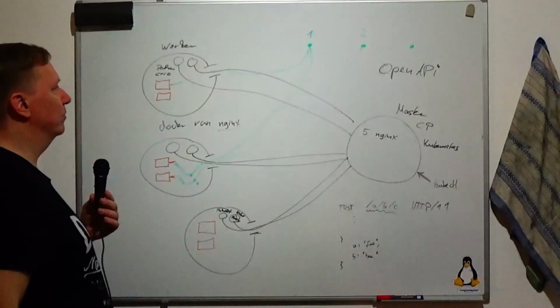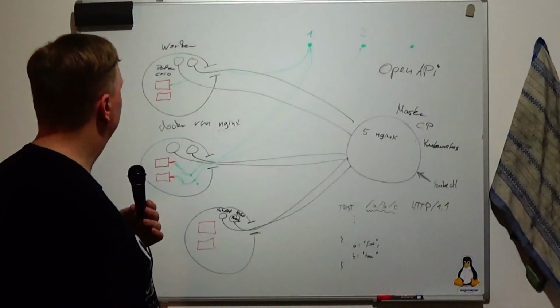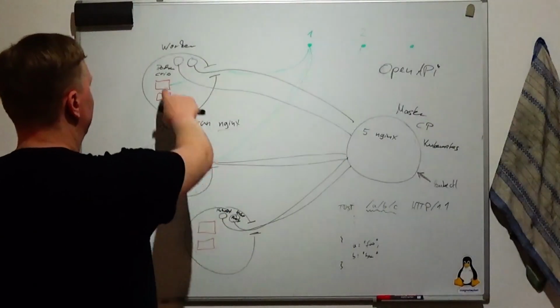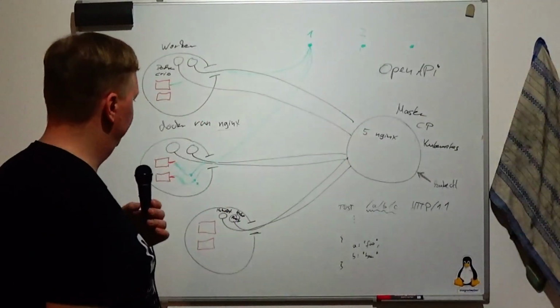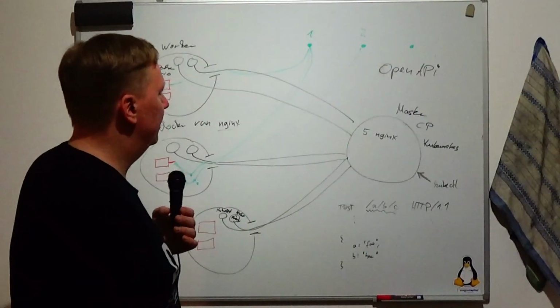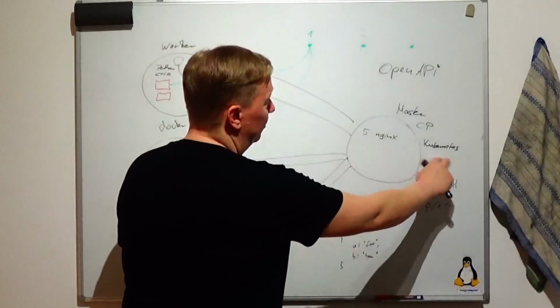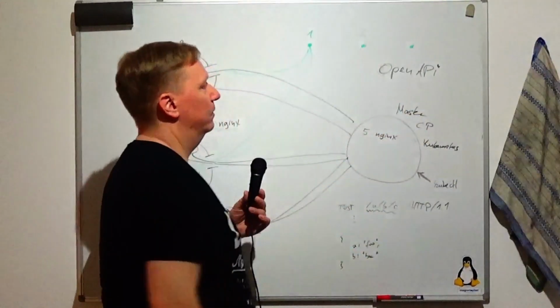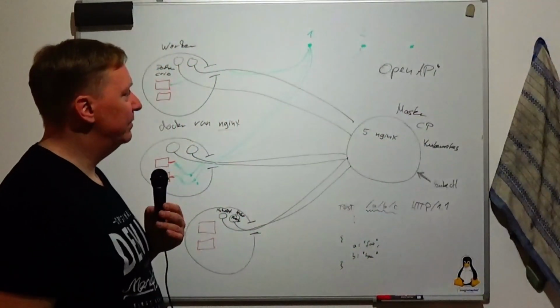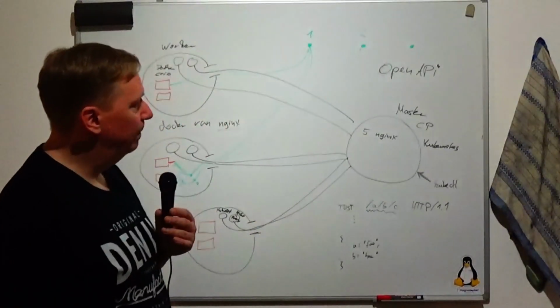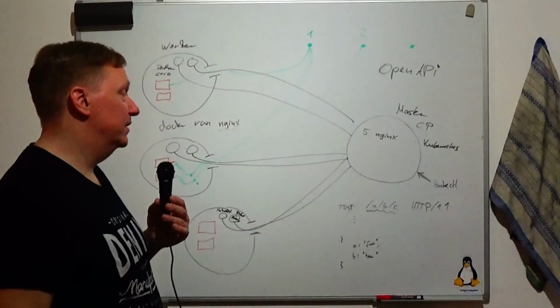The images are pulled from Docker Hub, mostly. You have some VPN stuff to limit the communication of these things. And many of these microservices, including Kubernetes, will offer you an open API specification for their HTTP-based communication. And that's at least a pretty good thing.